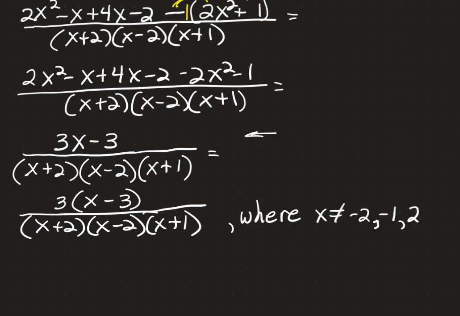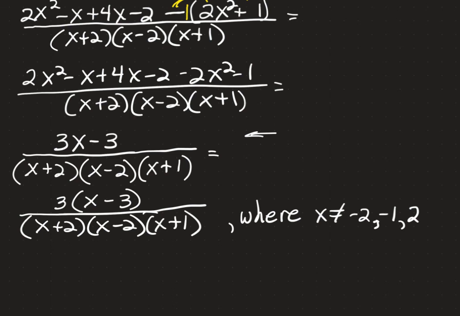Because if x is negative 1, this will be 0, and 0 times anything is 0. If x is negative 2, this factor will be 0, and 0 times anything is 0. And likewise, if x is 2, this factor will be 0. So there we have it.